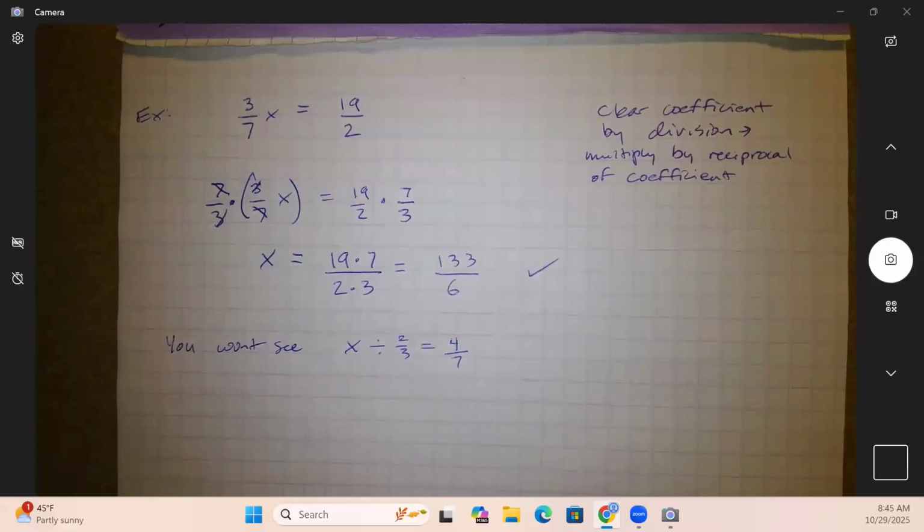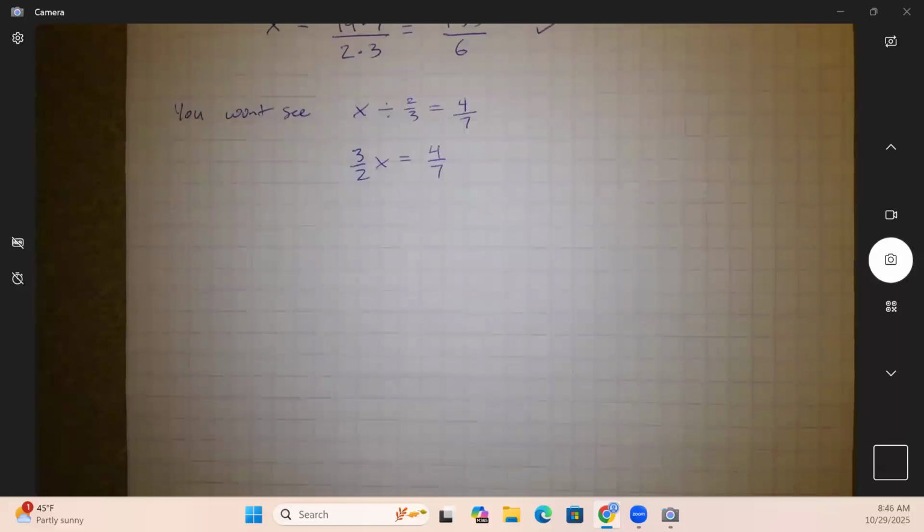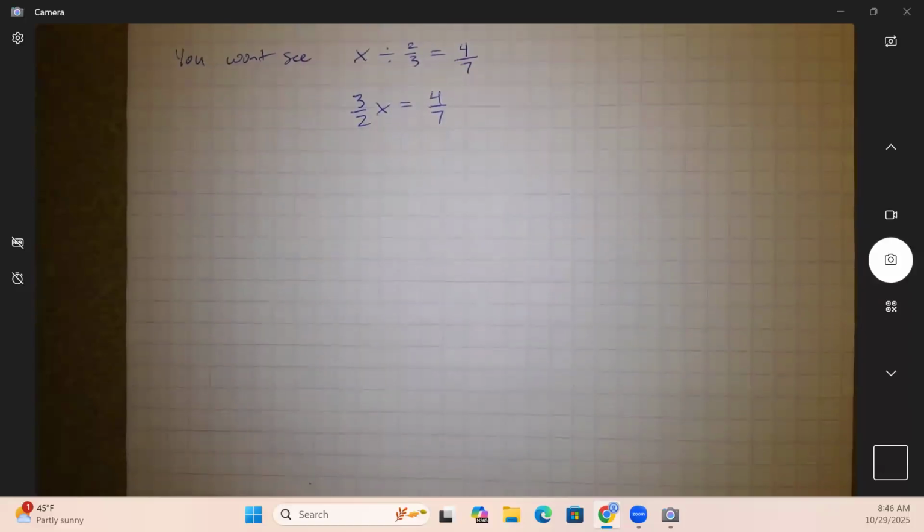So when we're doing these examples, I'm not going to say x divided by 2/3. I'm going to say 3/2 x equals 4/7. So we had an example of addition, we had an example of subtraction, we have examples of multiplication. You don't see inline division by fractions. That's just not how it's done. Well, probably I can't say never, but I would be surprised.